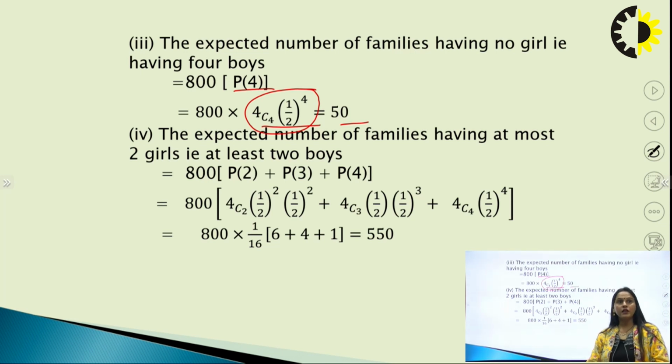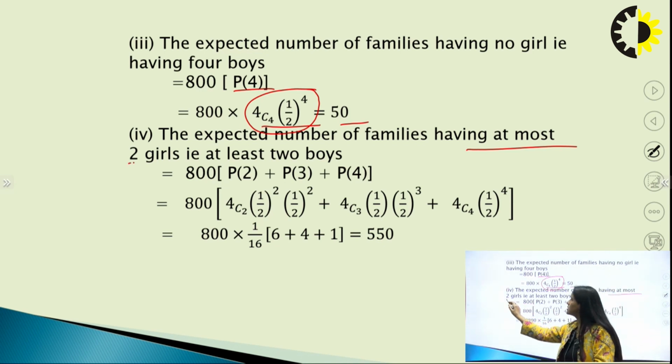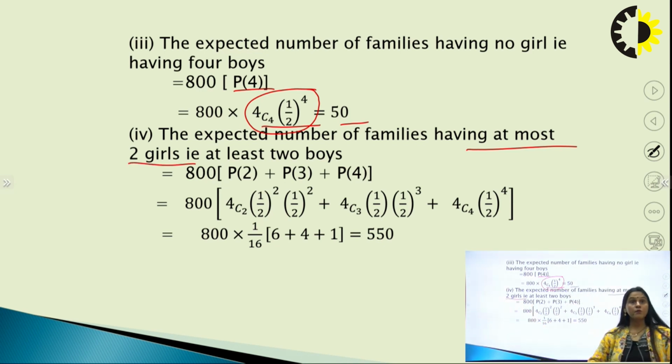Now the expected number of families having at most 2 girls means maximum in a family they can afford 2 girls. Minimum 2 boys must be there. If there are 3 boys, no problem. If there are 4 boys, no problem. But if there are less than 2 boys, there is a problem. So we can take 2 boys, 3 boys, 4 boys.